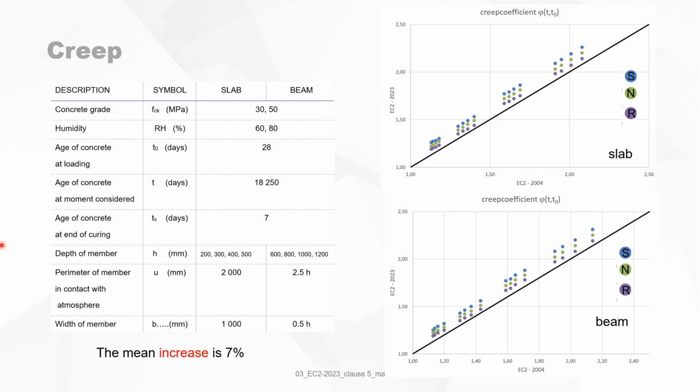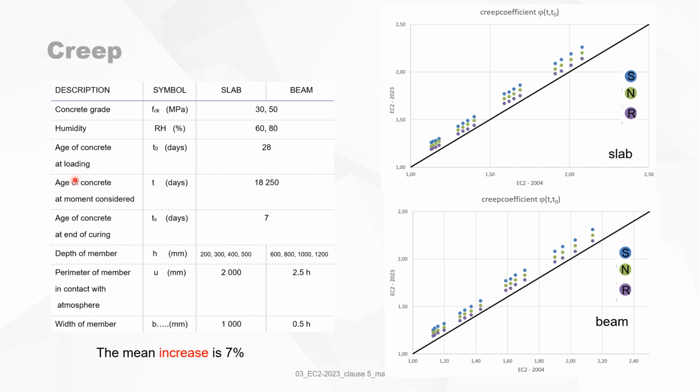Regarding creep, all those different formulas we can now combine in different cases. And we will consider a slab and a beam. For the concrete grade, we will take 30 and 50 megapascal. For humidity, we will take 60 to 80%.